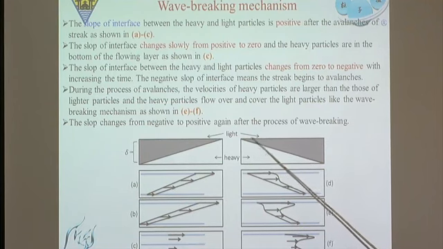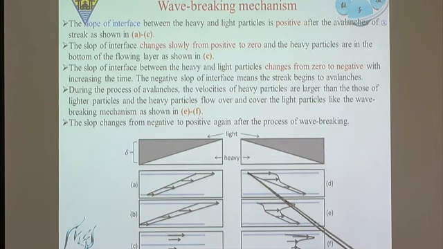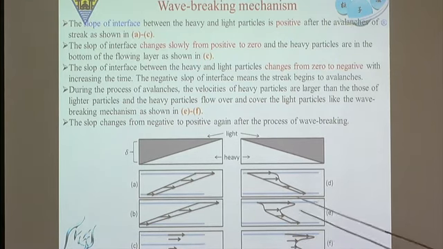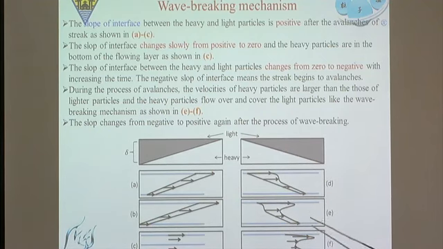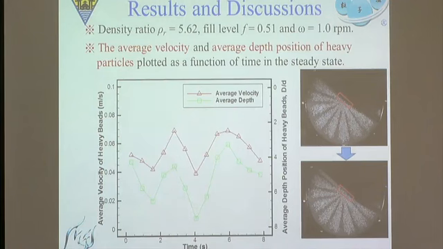Here there is higher velocity, so the heavier particles have higher velocity. So it becomes just like wave breaking and forms these. And this continues for each avalanche process.